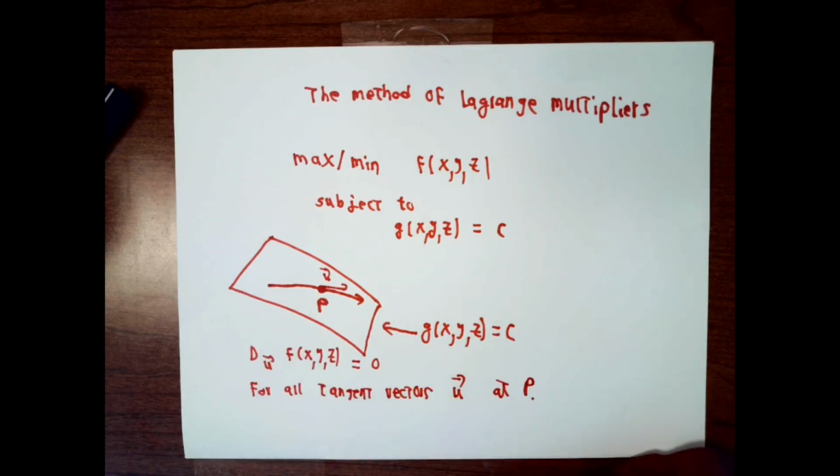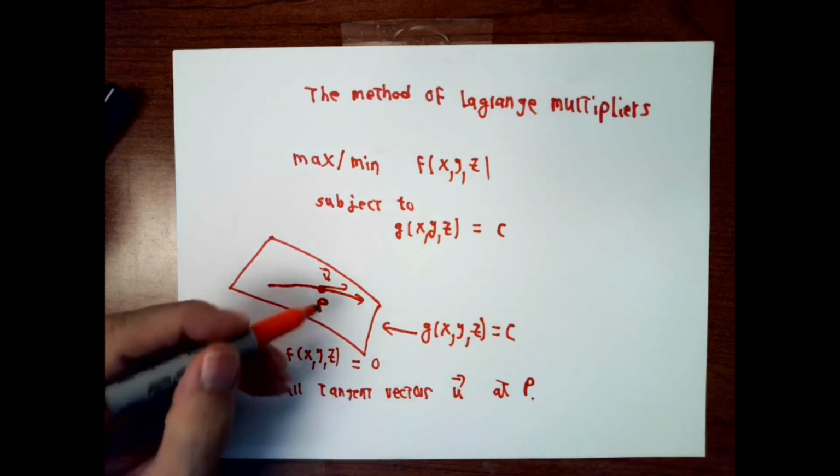The directional derivative along a tangential direction at point P of the function must be zero. Otherwise, the rate of change would either be positive or negative, and as we've seen in the preceding discussion, that precludes the possibility of having a maximum or minimum.